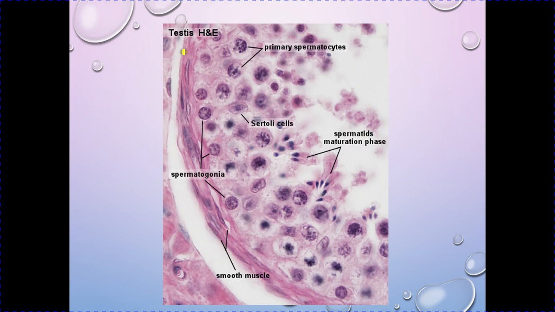Okay, what is here? Again an H&E staining of testes. Spermatogonia, primary spermatocytes, secondary spermatocytes, and spermatids. These are the spermatids. And in the lumen, you will find the sperms.